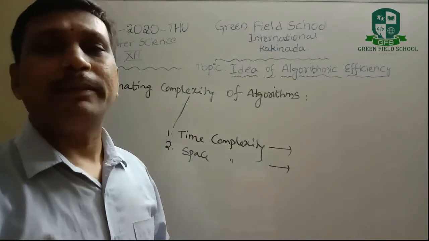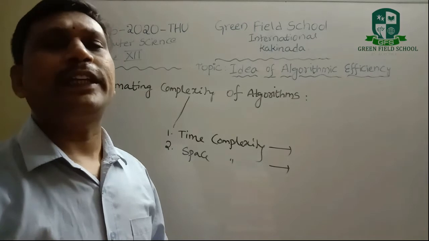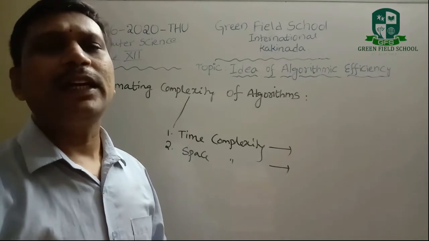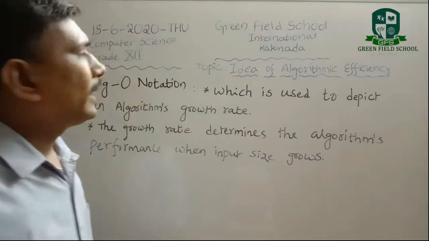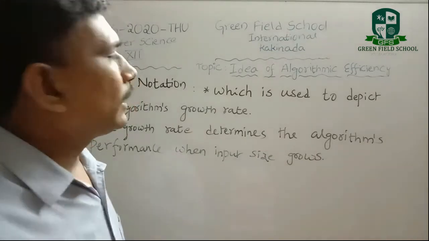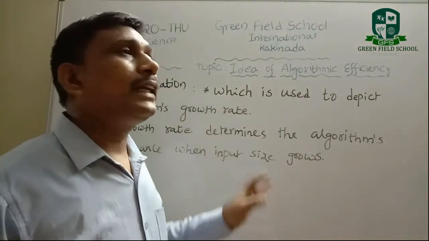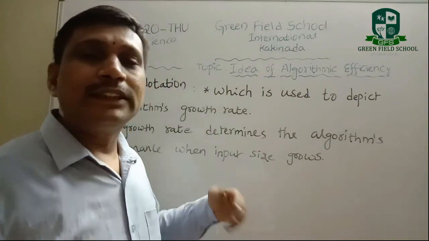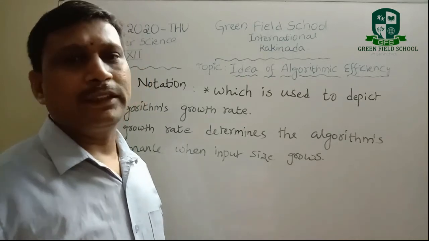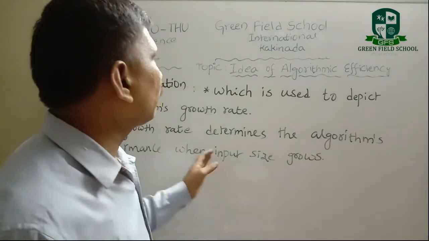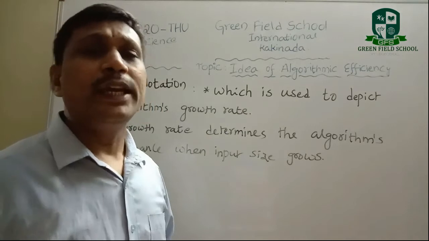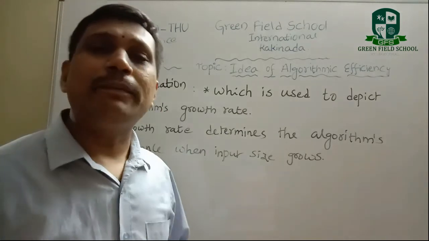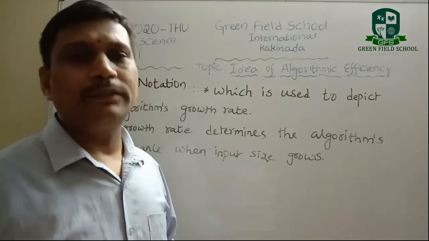Complexity means we calculate the efficiency or quality of the algorithm. When we calculate complexity of an algorithm, we majorly concentrate on time complexity according to your syllabus. In this chapter, the idea of algorithmic efficiency, we calculate the time complexity of algorithms.